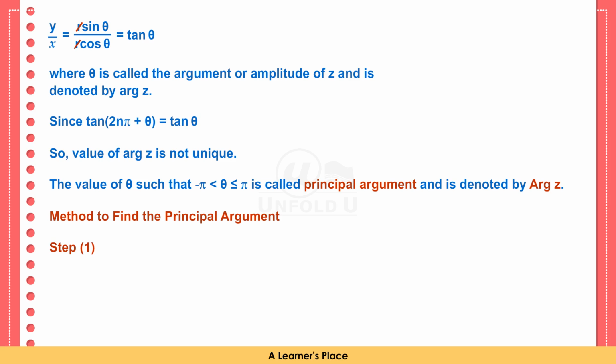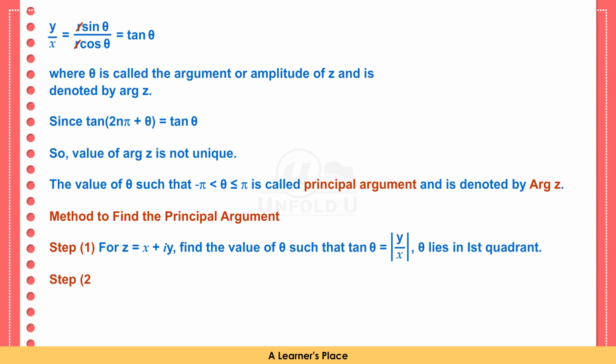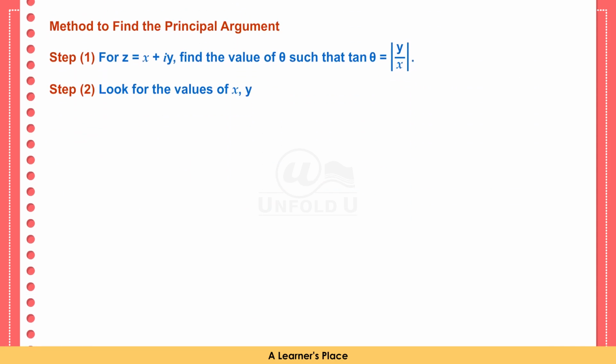Step 1. For z is equal to x plus iota y, find the value of theta such that tan theta is equal to modulus of y upon x. Step 2. Look for the values of x, y. If (x, y) lies in the first quadrant, then the principal argument of z is equal to theta.